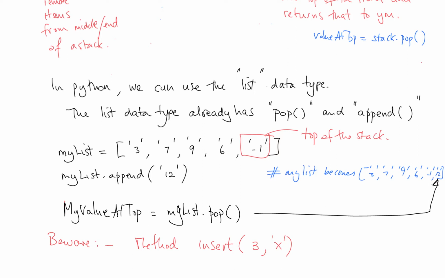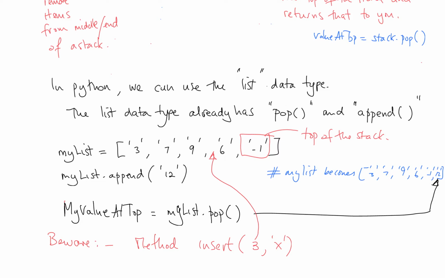That inserts x into the list at position 3. So in this case, position 3 here would be there. That goes against what a stack does, because a stack should only enable you to take things off the top and push things onto the top of a stack, and not get them from the middle or from the bottom. And that's the disadvantage of using the list built-in data type. But as long as you're careful, you should be fine.